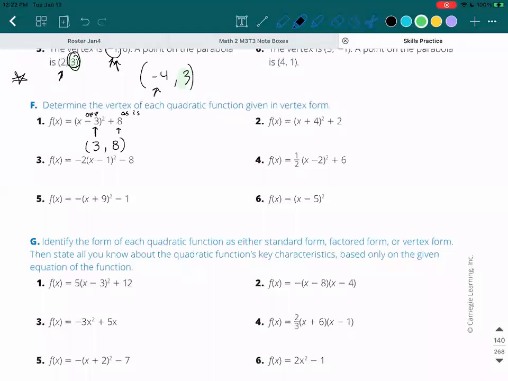For number 3, it's the opposite of what's in the parentheses, and it is as is for the number outside. So the opposite of -1 is +1. And then we take the outside as is, so it says -8, then it's -8. So our vertex for number 3 is 1, -8.